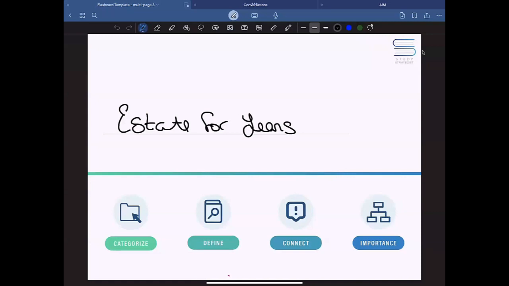You'll see we'll fill it out on the next page. By categorize, what I mean is what chapter does this belong in? What lesson did you learn about estate for years? The reason you're doing that is because as you increase your vocab, when you've got 4 choices, if you can say, oh, this is a word about finance and the question's asking me about zoning, then you could eliminate it.